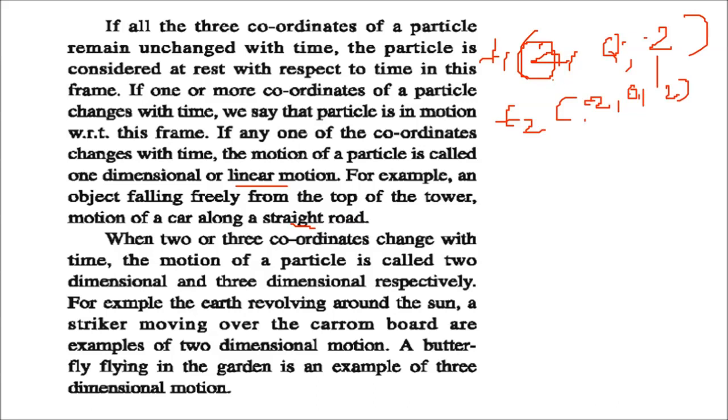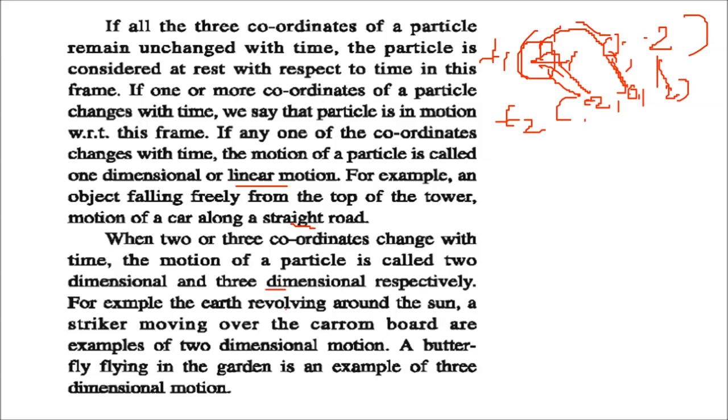Now, when two or three coordinates, not one but say x and y, or x, y, z, change with time, the motion of the particle is called two-dimensional or three-dimensional. One dimension changing is linear motion. Two dimensions changing gives 2D motion. When three dimensions have changed, we say it is three-dimensional motion.